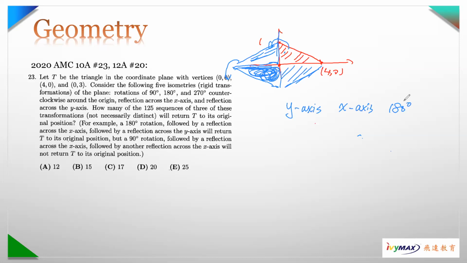I can flip over the x-axis first, I get this one, then flip over the y and go back to the blue triangle, and then rotate 180 degrees, right? Since we have 3 different transformations, the order doesn't matter. So in total I can have 6 different combinations, 3 times 2 times 1, as the example shows. Okay.